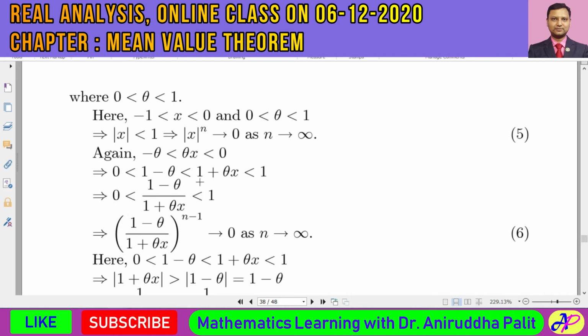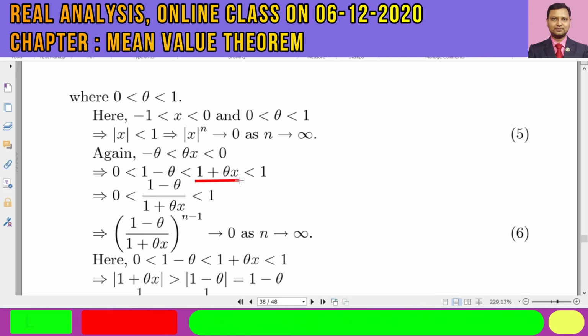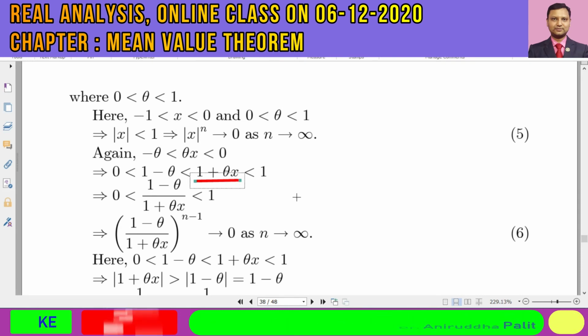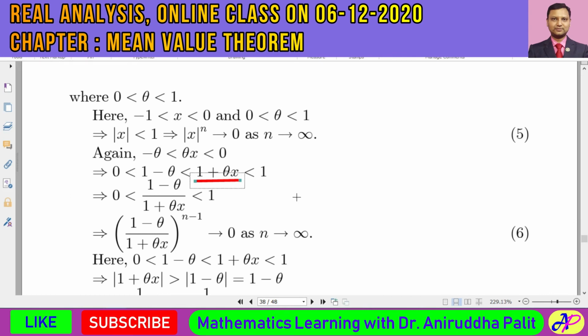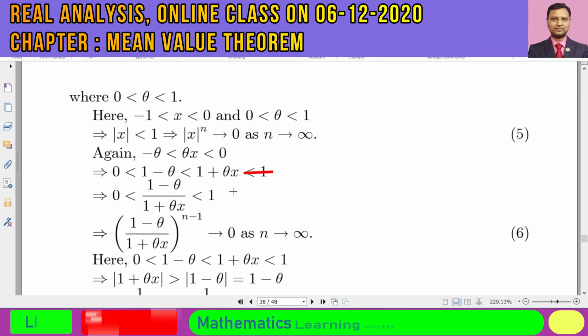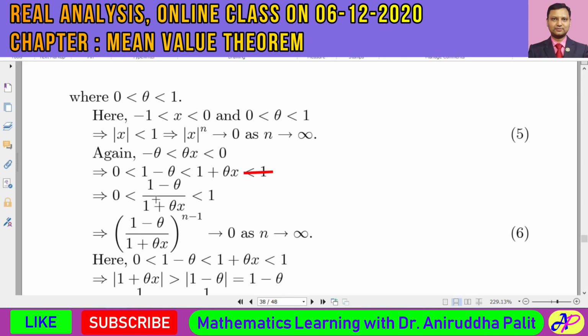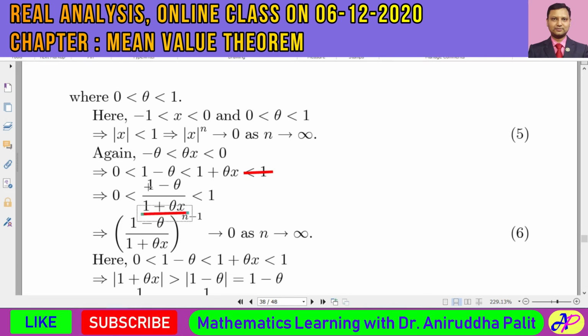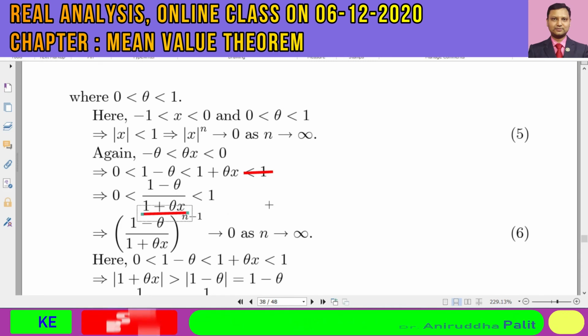And now 1 plus theta x is a positive quantity. So if we divide the entire inequality by 1 plus theta x, then on the right hand side we shall have 1, on the left hand side we shall have 0, and in the middlemost term we have 1 minus theta divided by 1 plus theta x.